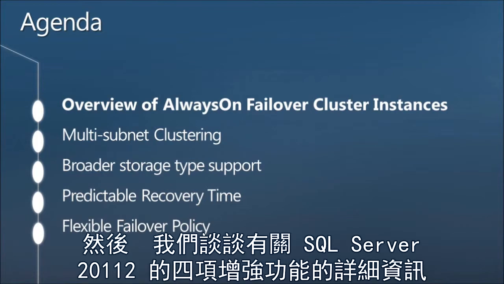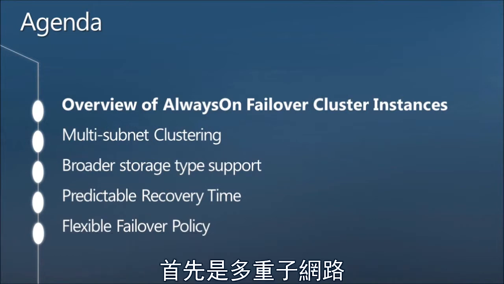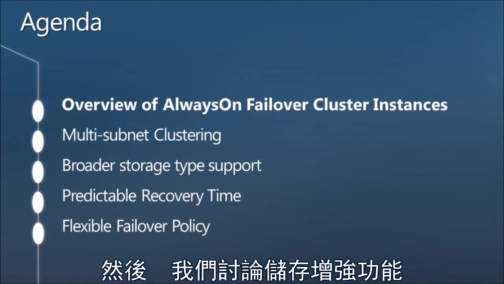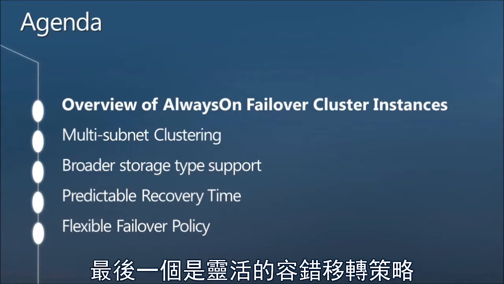Then I will go into details about 4 enhancements we made in SQL Server 2012. The first one is multi-subnet clustering. Then I will talk about the storage enhancement. The third enhancement is predictable recovery time. The last one is flexible failover policy.